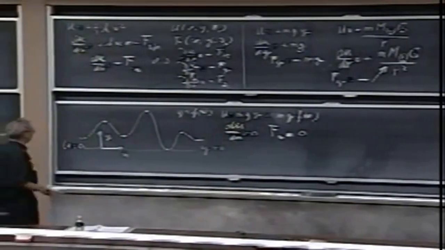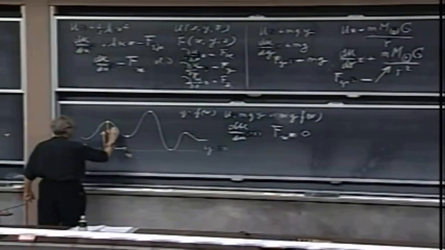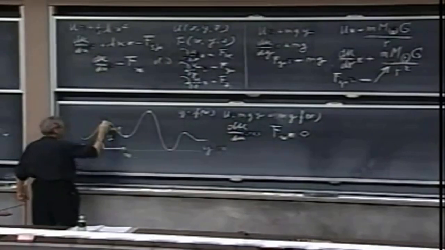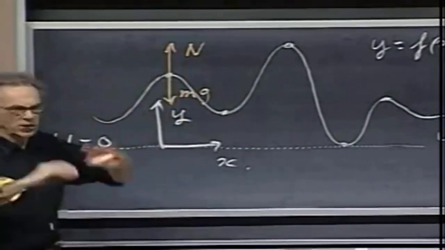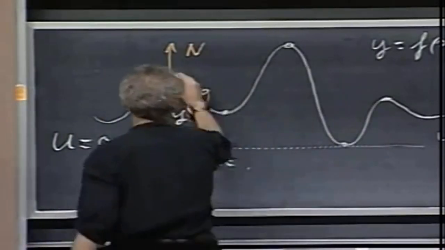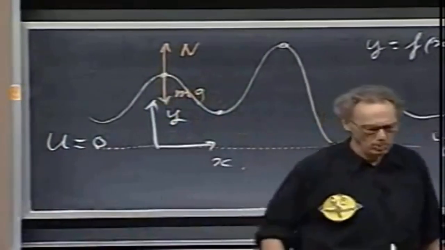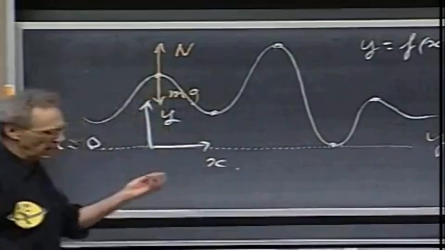If we visit those points, there is of course gravity, mg, on an object there in the minus y direction, and there is a normal force in the plus y direction, and these two exactly cancel each other. So the net result is that there is no force on the object at all, so the object is not going to move. It is going to stay put.